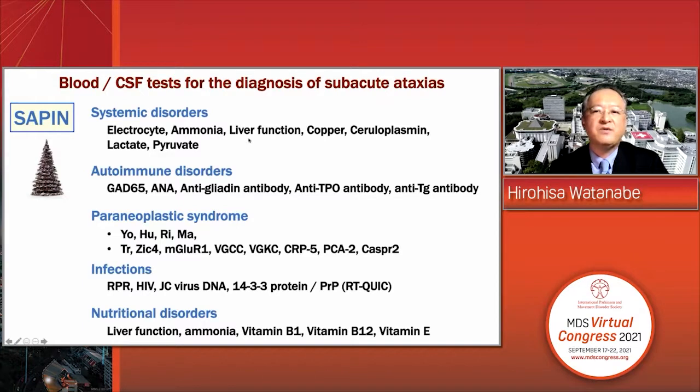Erythrocyte, ammonia, liver function, copper, ceruloplasmin, lactate, pyruvate for systemic disorders; GAD, ANA, anti-gliadin antibodies, anti-TPO antibodies, anti-TG antibodies for autoimmune disorders; Yo, Hu, Ri, Ma, and Tr for mGluR1, VGCC, VGKC, CRMP5, PCA2, CASPR2 for paraneoplastic syndrome; RPR, HIV, JC virus, and 14-3-3 protein, prion protein for infections; liver function, ammonia, vitamin B1, B12, E for nutritional disorders are essential.